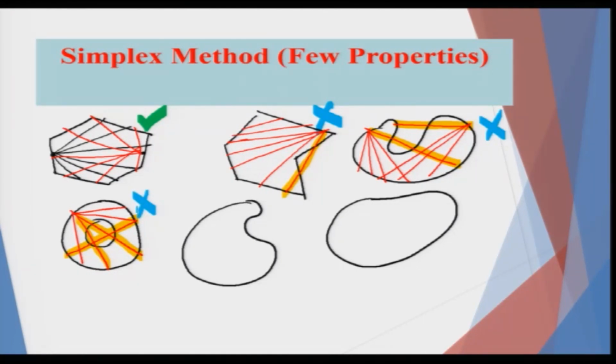Let us come to the fourth one. Possible, possible, possible, possible, possible, possible, possible, possible, not possible. See, if I take a point here, sorry, here, not possible.